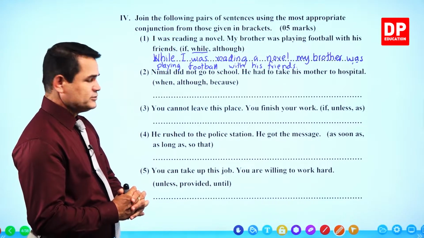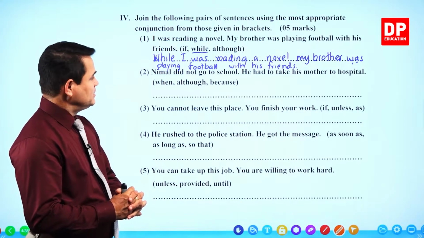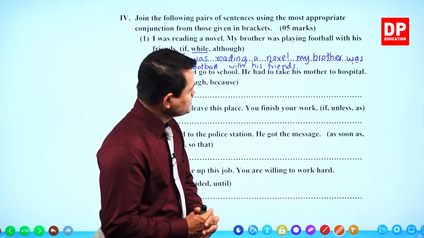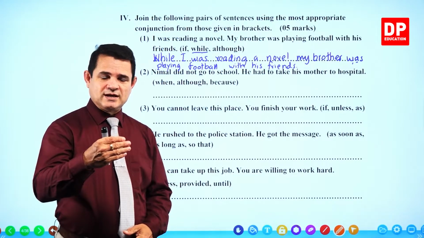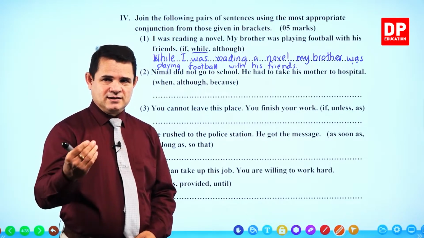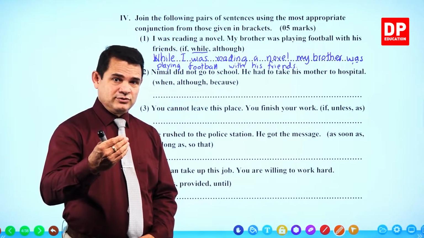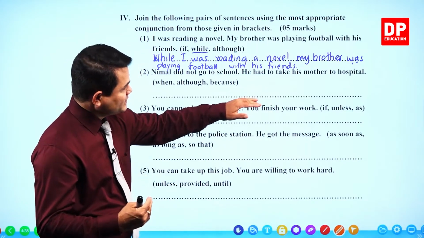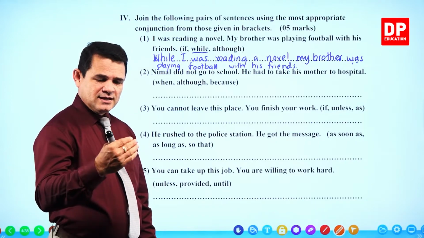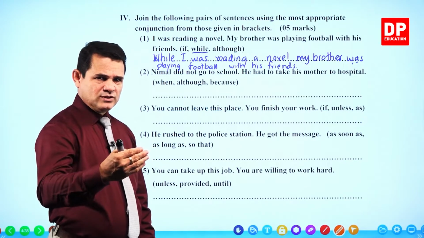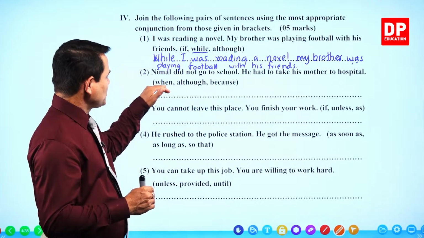Nimal did not go to school. He had to take his mother to hospital. Nimal did not go to school. එයා ඉස්කෝලේට ගියේ නැහැ. He had to take his mother to hospital. අම්මව hospital ගෙනියන්නේ. එහෙනම් ගියේ නැහැ. ඒකට හේතුවකුත් තියෙනවා. හේතුවක් කියන්නේ මොකෙන්ද? When කියන එක.